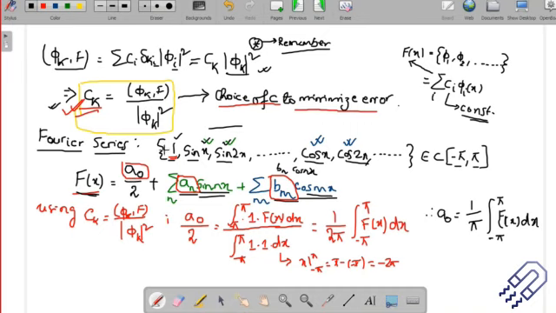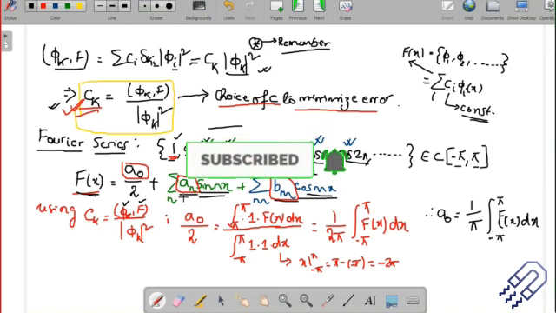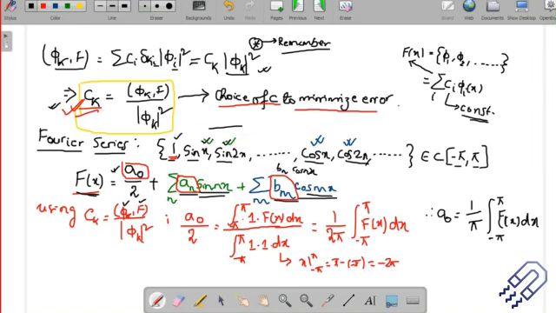For a0, we are going to use this particular formula. On top we have to take the inner product between phi and f. In the first case here, our phi is 1, and f will be this function. So we take 1 and f(x), and in the inner product we are basically taking an integration, from the lower limit to the upper limit, minus pi to plus pi, dx, divided by the inner product of 1 with itself, dx.